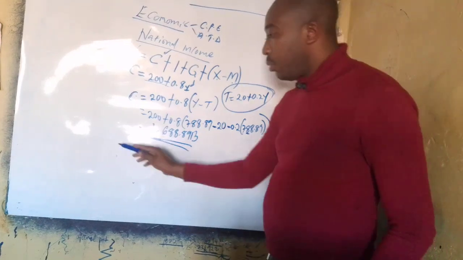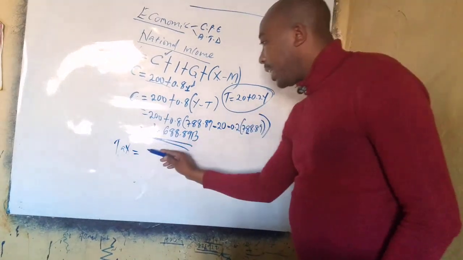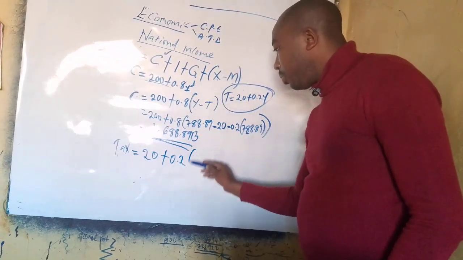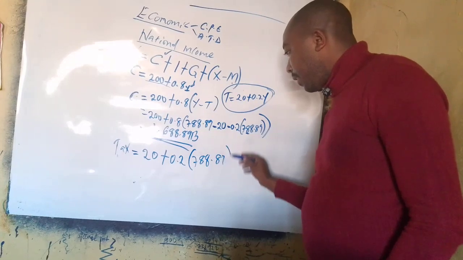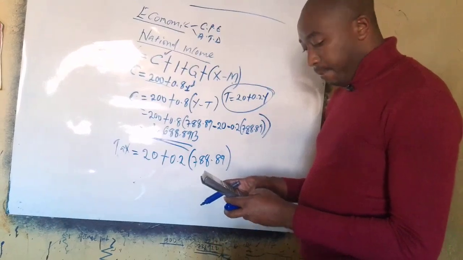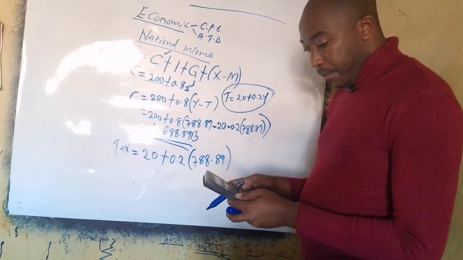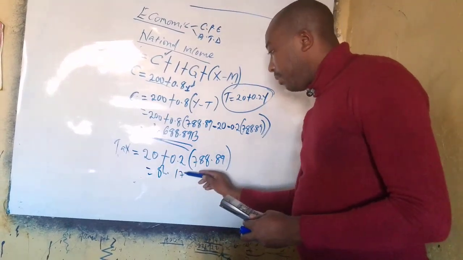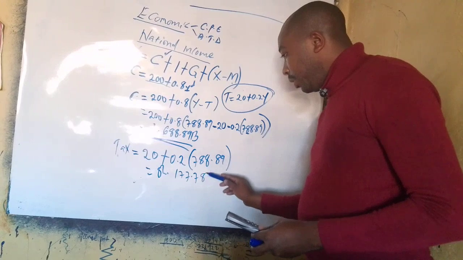Then Roman 3, they want you to compute tax. Once you have this equation, you just come here and say 20 plus 0.2 your Y, which is 788.89. We get shillings 177.78 billion.